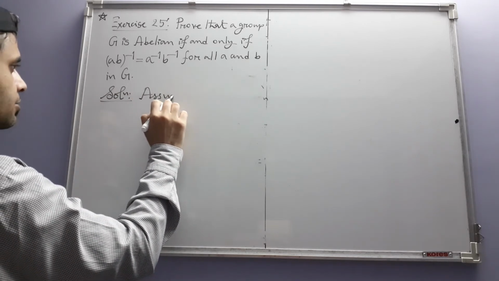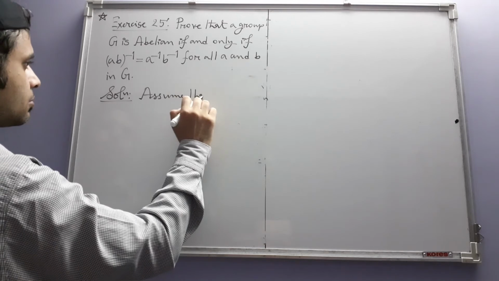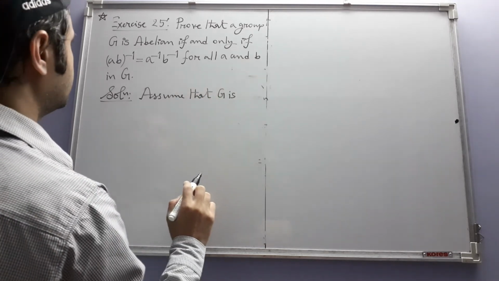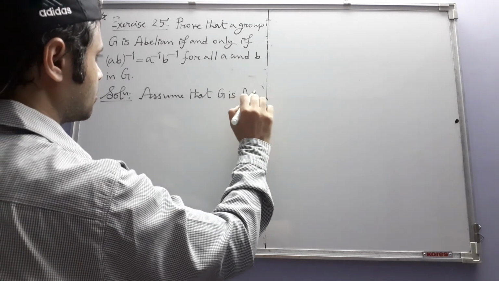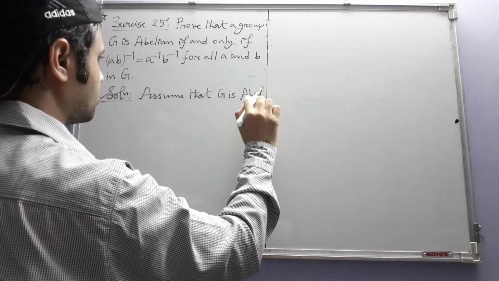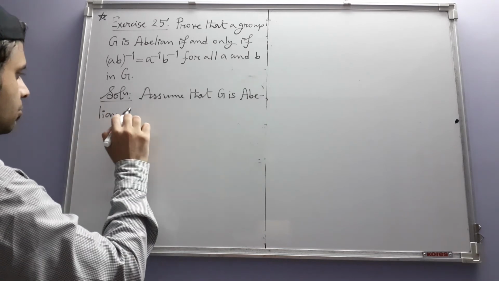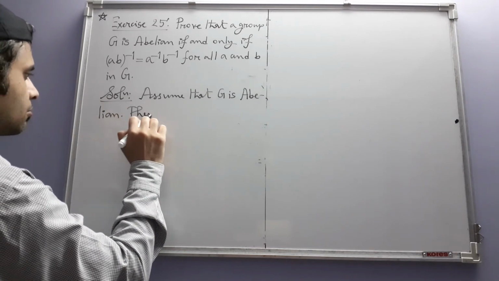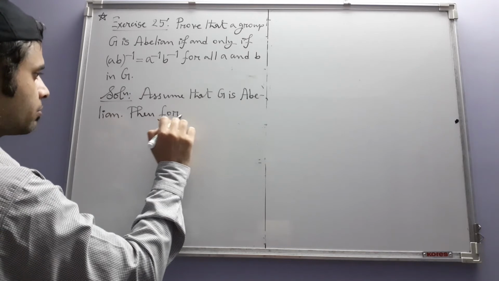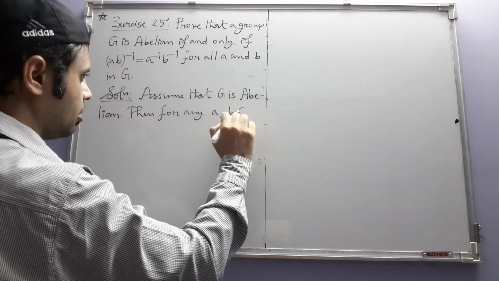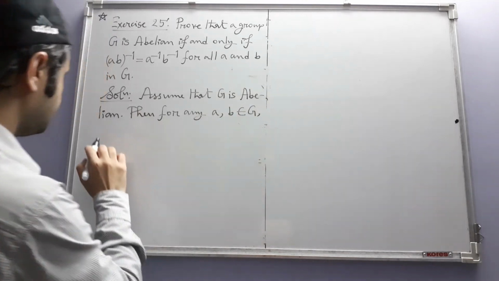Okay, first assume that G is abelian. Then for any elements A and B in G, (AB) inverse is B inverse A inverse.